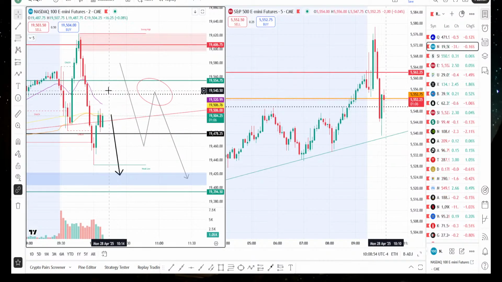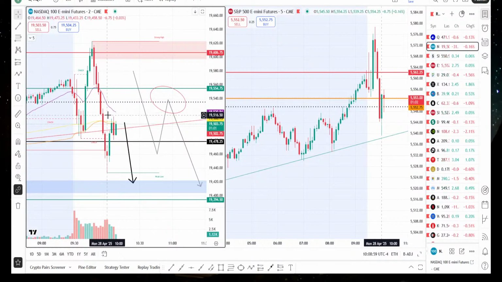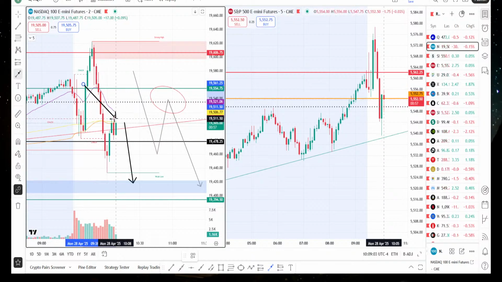Buyers attempting to push it back up again. So this is letting me know, are the sellers actually really in here? Right?